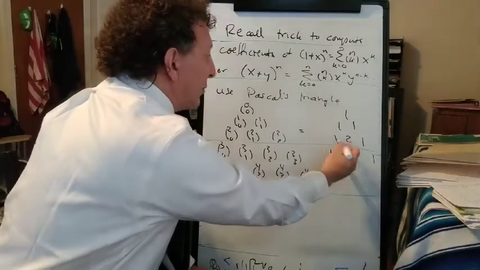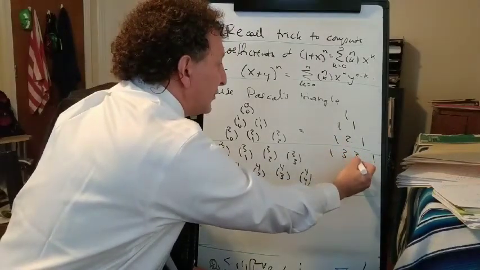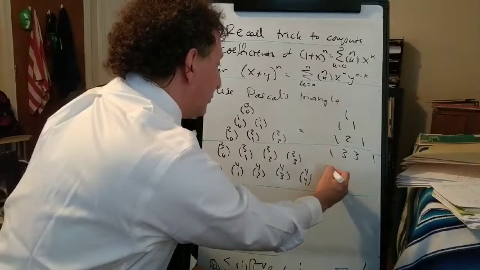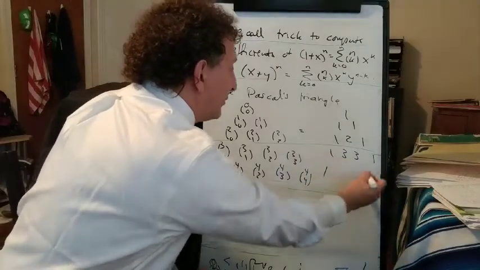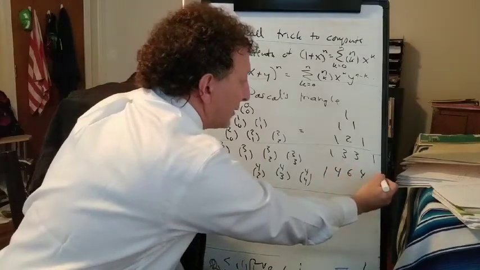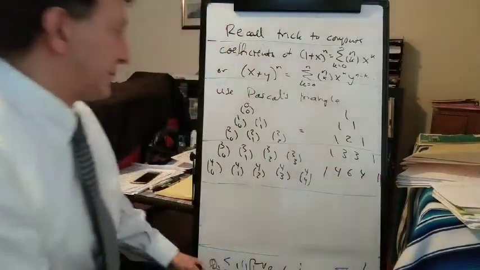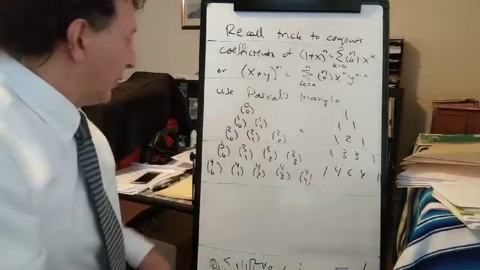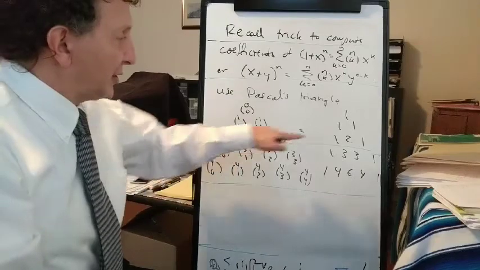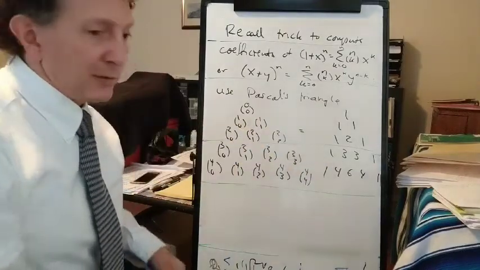Put the ones on the outside. 1 plus 2 is 3, 2 plus 1 is 3. And then put ones on the outside. 1 plus 3 is 4, 3 plus 3 is 6, 3 plus 1 is 4. So these are equal. So instead of having to compute the ratio of factorials here, you could just draw this triangle and you get the right numbers.